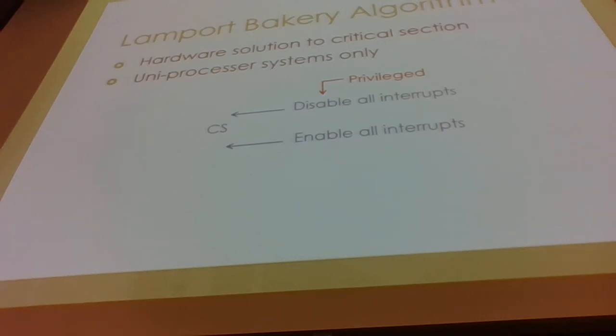So in a multi-core system, if you take this approach to solve the critical section problem, where I will disable interrupts and enable them again, this will not work because other processes are still executing in some other core. Okay? So this does not work for multi-processing systems.